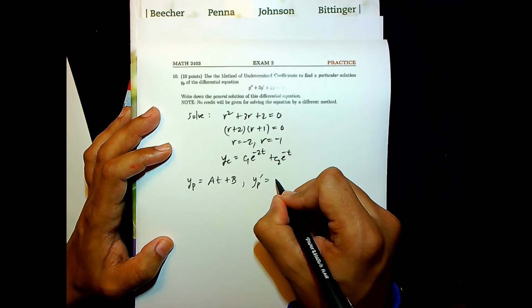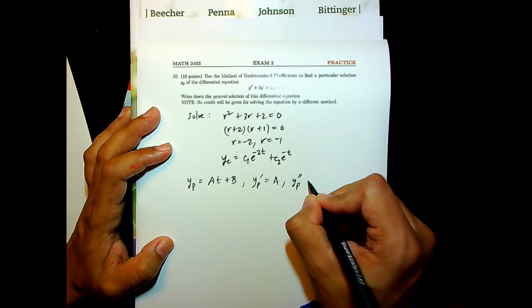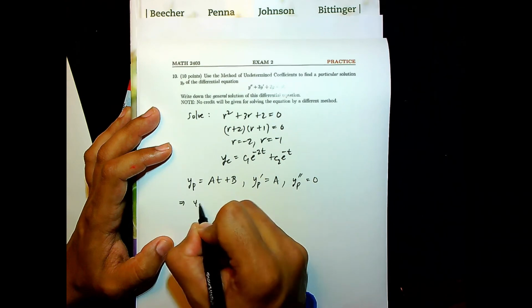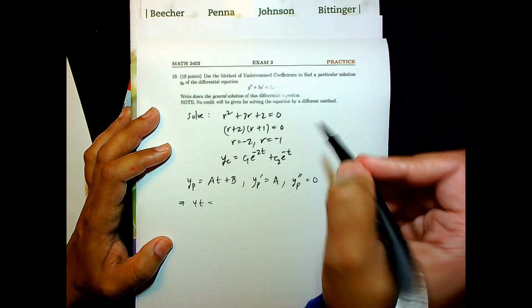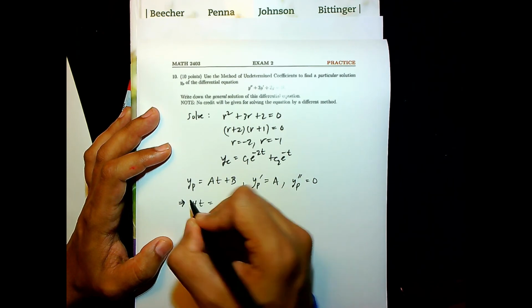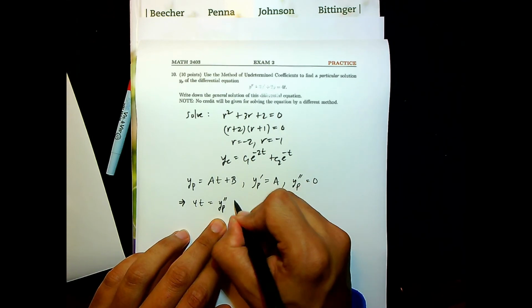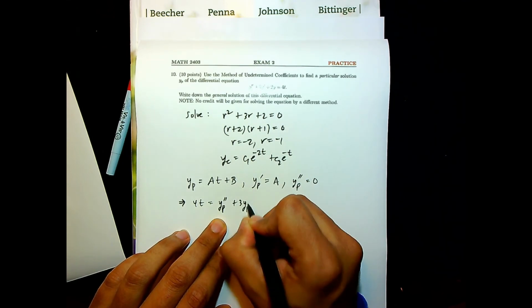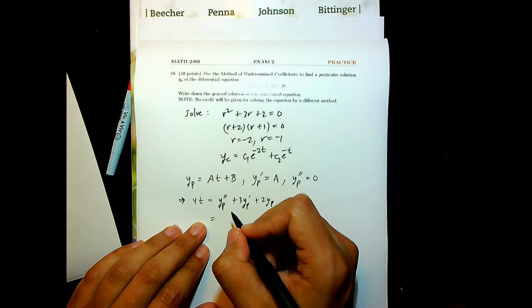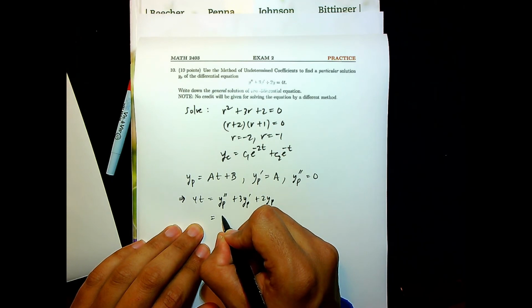The first derivative is a. The second derivative is 0. So plugging in, starting with the right-hand side, so I'm going to put it on the left, 4t should be equal to yp double prime plus 3yp prime plus 2yp. Now, yp double prime is 0.